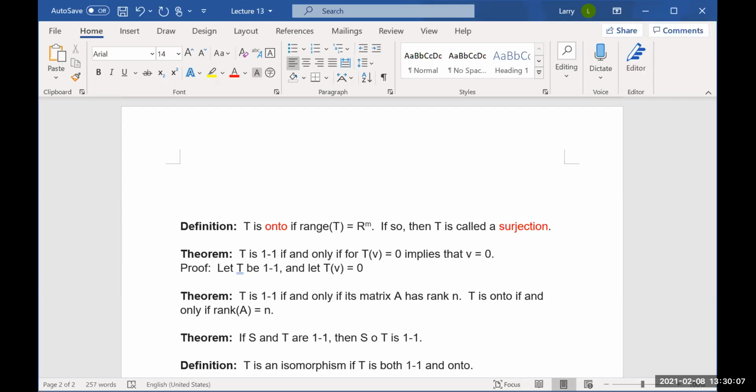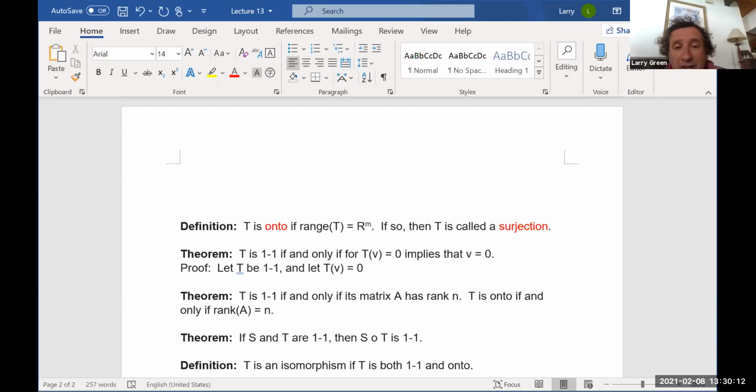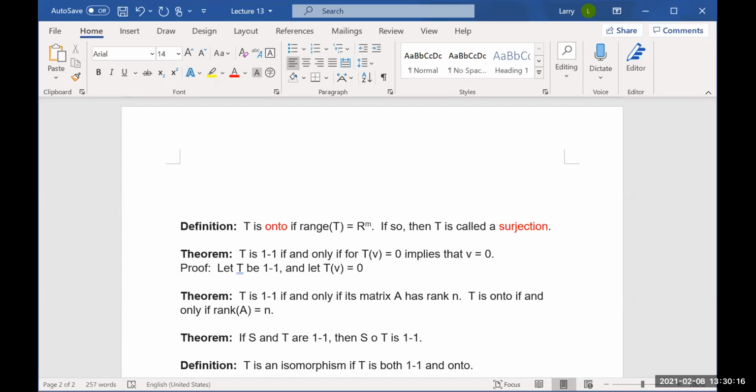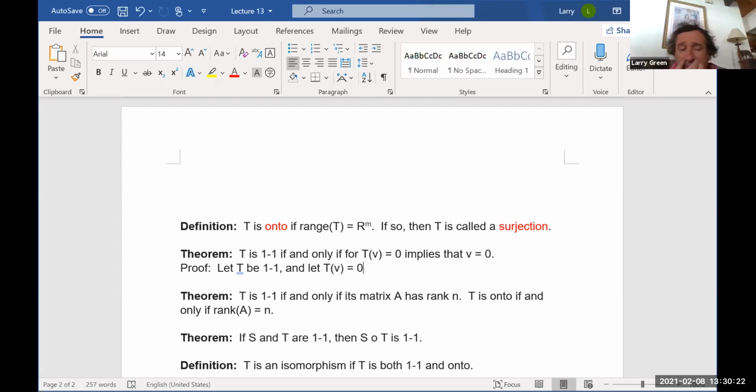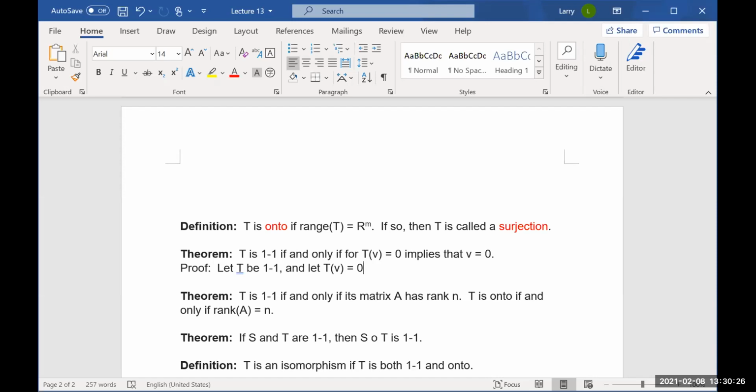Multiply by T inverse to both sides. But T might go from R2 to R8, so there's no inverse. When you say the definition, what definition are you using? When K times B equals 0, that means we are multiplying by 0 or B equals 0.